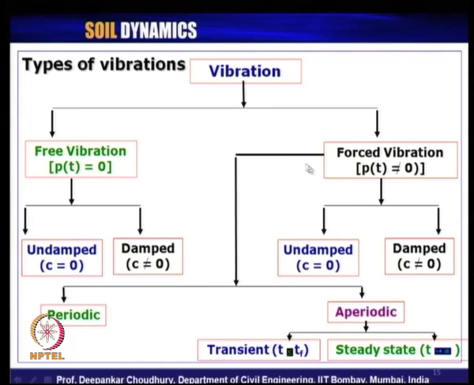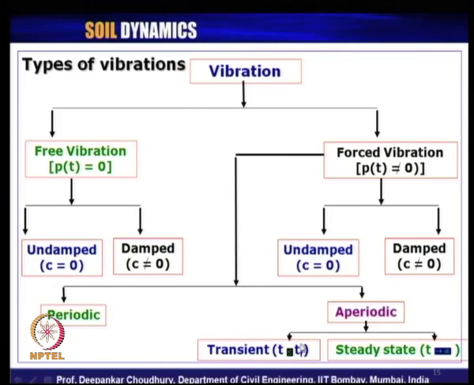That is why the other two ways of classification of forced vibration are periodic forced vibration and aperiodic forced vibration. Again, within aperiodic forced vibration, we can have two more subclassifications. One is called transient type, another is called steady state type aperiodic forced vibration.